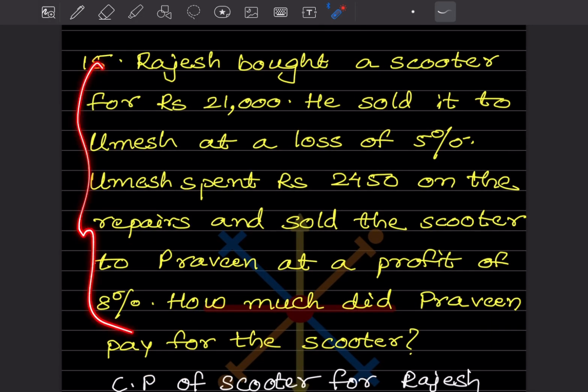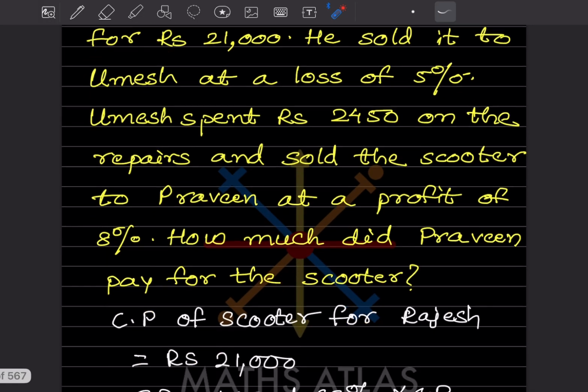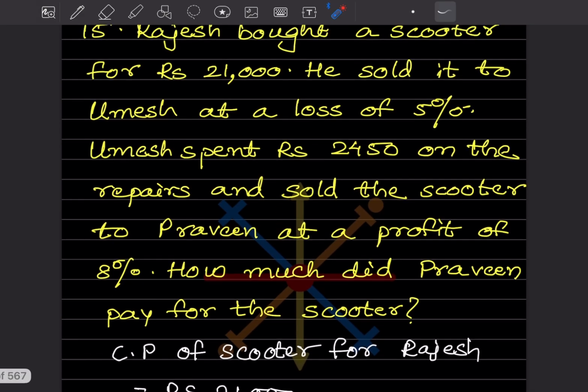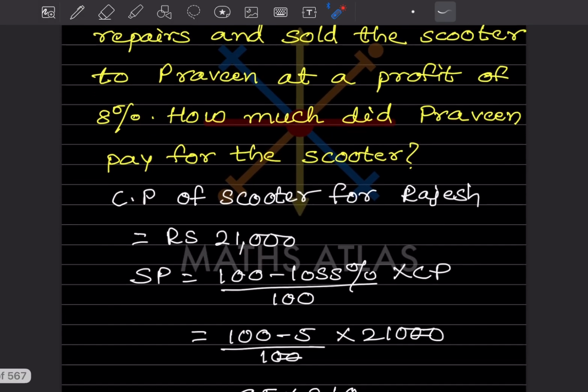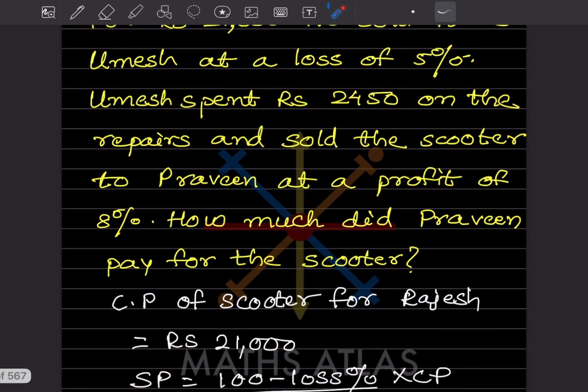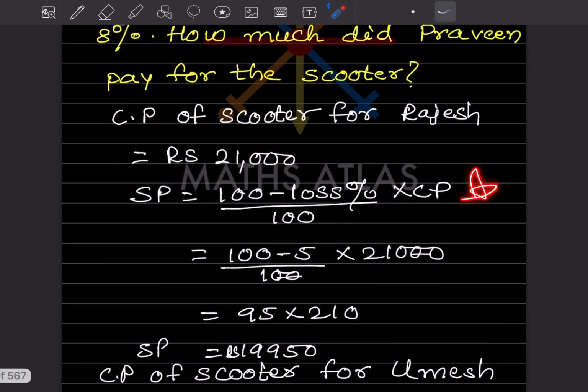So this is the question given. CP of the scooter for Rajesh is 21,000. The selling price, because there is a loss of 5%, so you have to use this formula. Here you will write 5, rest all the same, and CP 21,000.